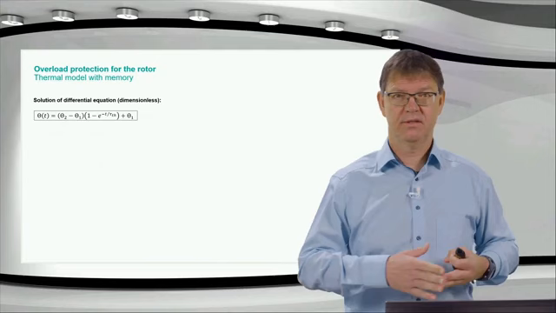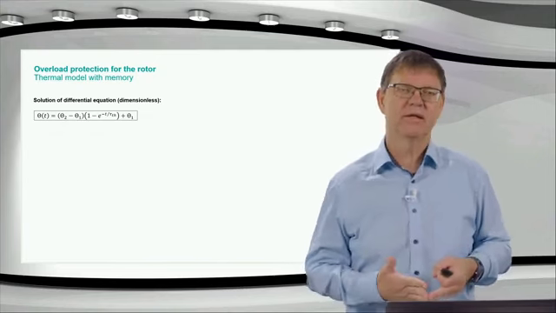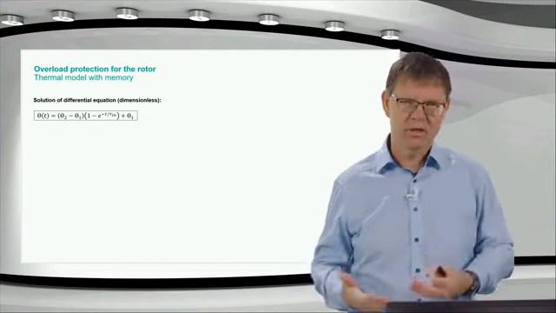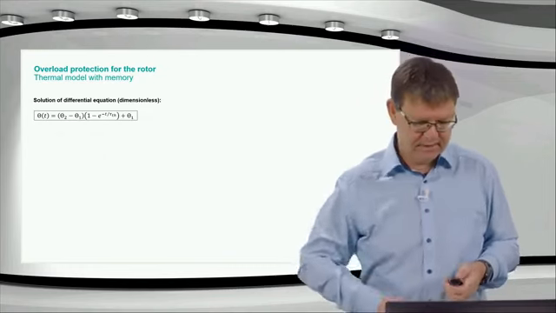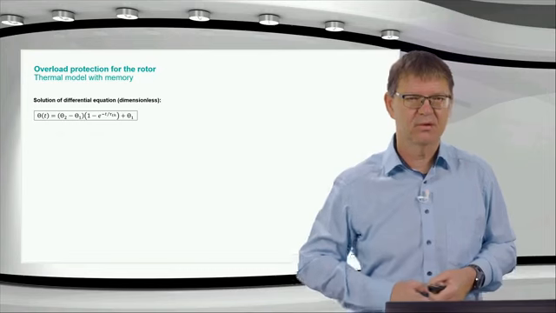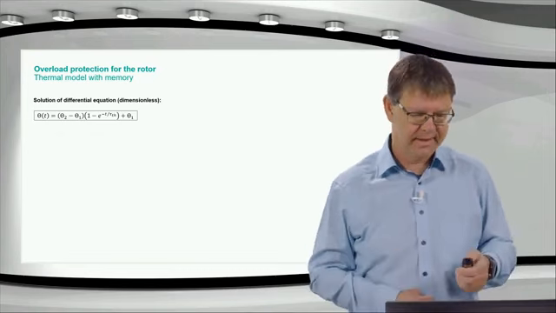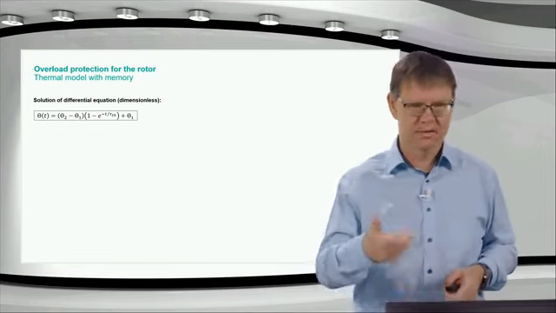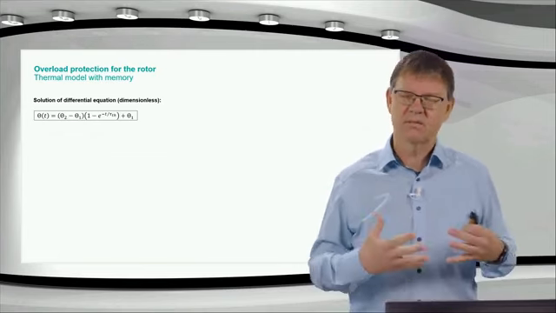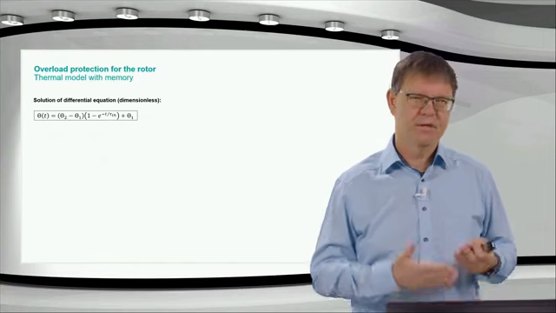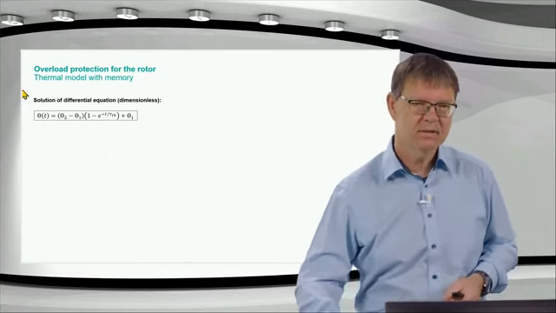Okay, let's have a look. From this equivalent model, we can get a differential equation, and this differential equation, when we solve this, I just left out a lot of steps. Again, in the first tutorial, you see how we come to these dimensionless values. Just one word: this theta, what we see here, is dimensionless.